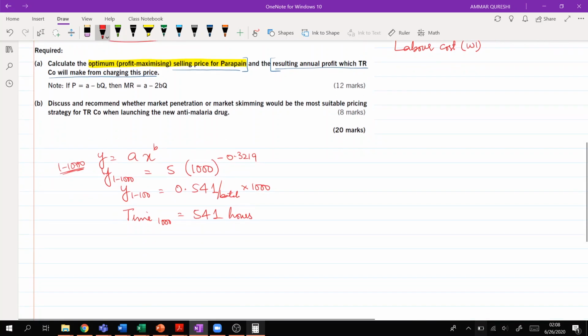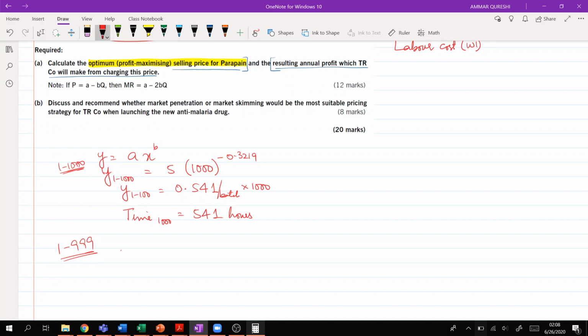Right? Now what is the next thing? Next you have to calculate the time required for 999 batches, right? So the same procedure: y equals 5 into 1000 raised to the power minus 0.3219. I made a mistake, it should be 999, right?